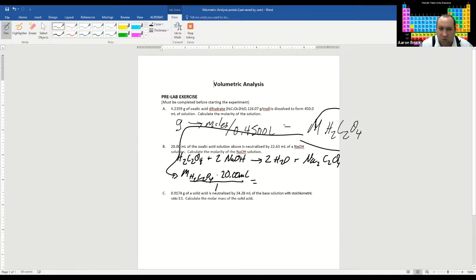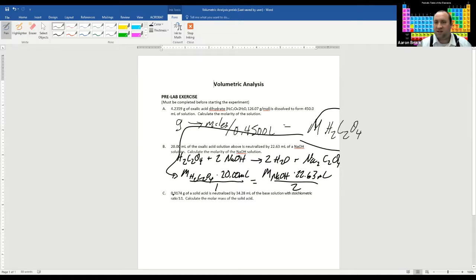So you can't do B until you do A. The only difference is that instead of finding the concentration of the acid, this time we're looking for the concentration of the base. And so it's going to affect how we do things a little bit differently here.